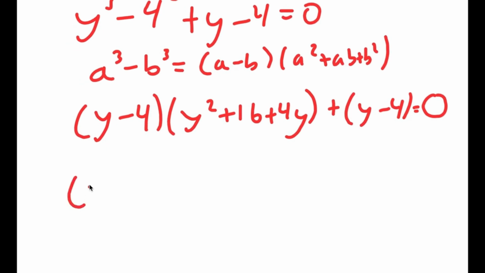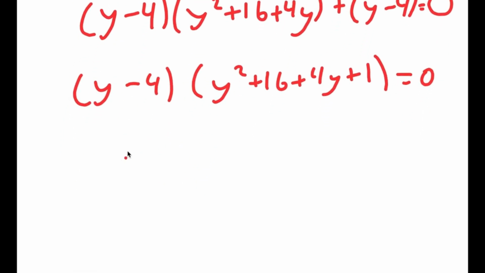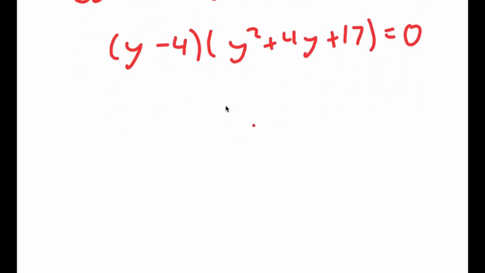And now if I factor out y minus 4, I get y minus 4 times y squared plus 16 plus 4y plus 1. And this is equal to y minus 4 times y squared plus 4y plus 17 is equal to 0.